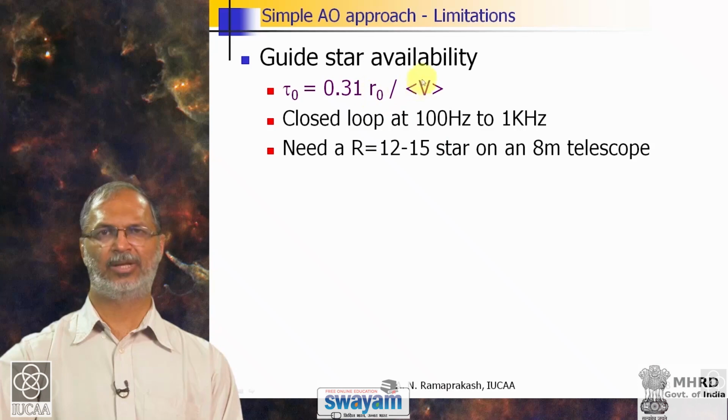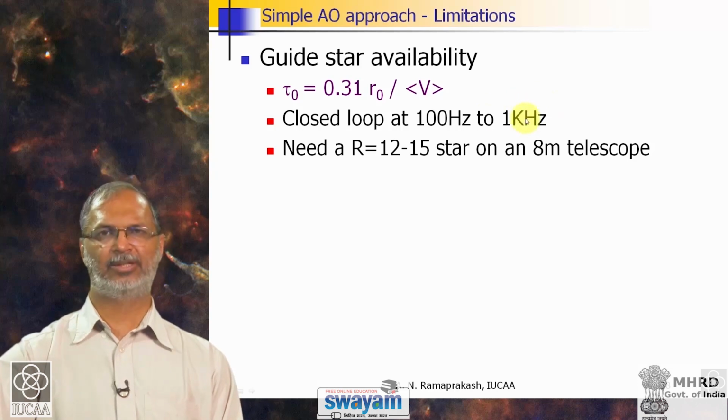This is r0 and this is the average wind velocity. So, if we put this as 10 centimeter, this as about 10 meters per second, you can see that the atmosphere is changing at a time scale of a few milliseconds. So, which means that the loop of the AO system has to be closed at the rate of 1 kilohertz or even more for larger telescopes.